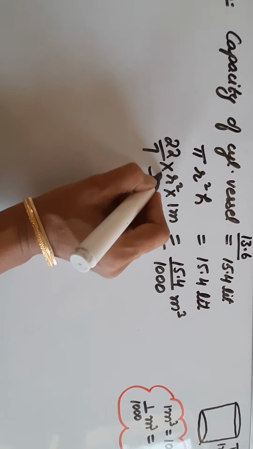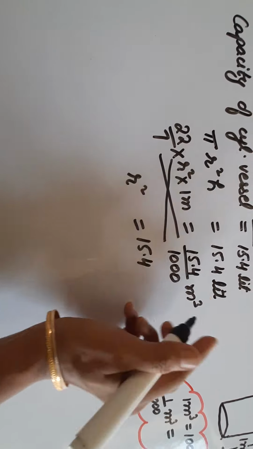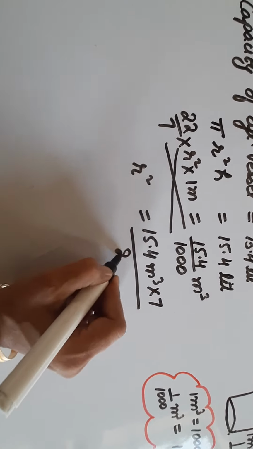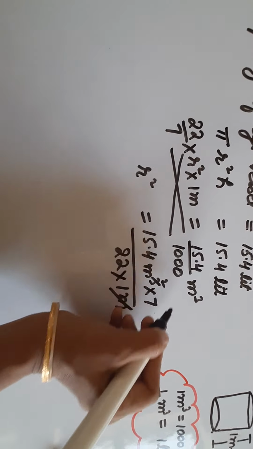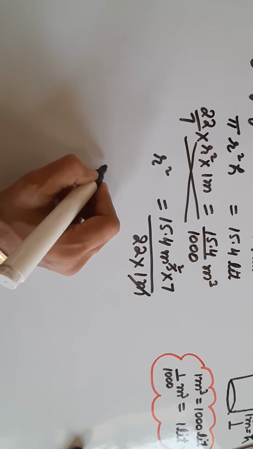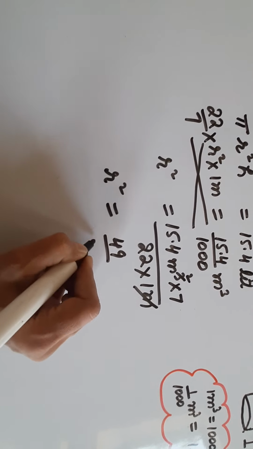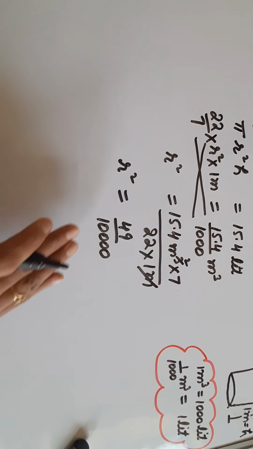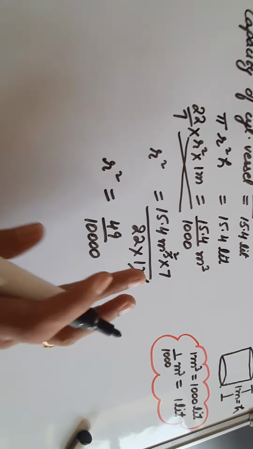Now let us cross multiply to get the radius. So r square is 15.4 multiplied by 7 divided by 22 into 1 meter. 1 meter means only r square is left. So when you solve it, dear students, you will get 49 divided by 10,000. By removing the decimal, you will get this.